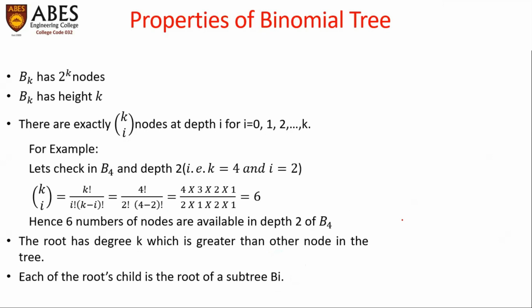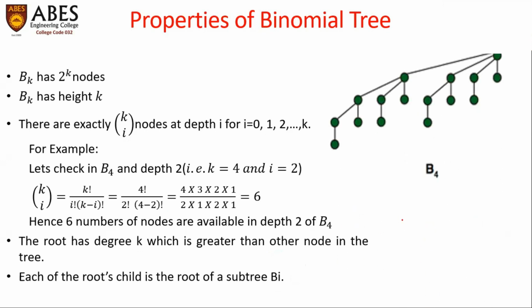Now we're going to prove all these properties with the help of an example. So we have taken the binomial tree of the order B4 and we'll prove all these properties with the help of this example only. So according to the first property, the binomial tree Bk has a total of 2 raised to the power k nodes. What does it mean? See, this binomial tree is of the order B4.